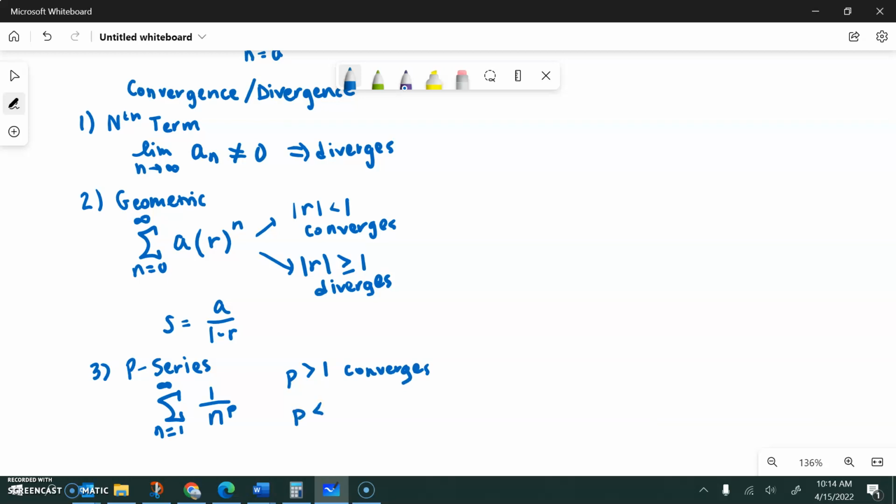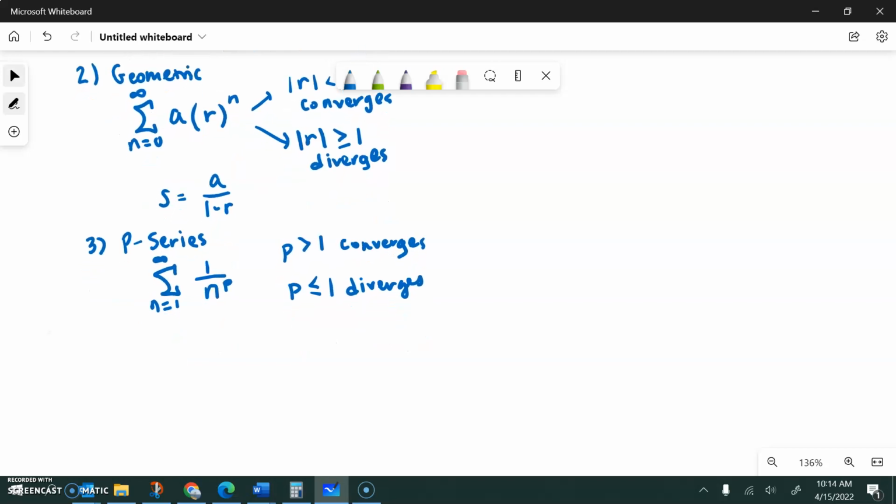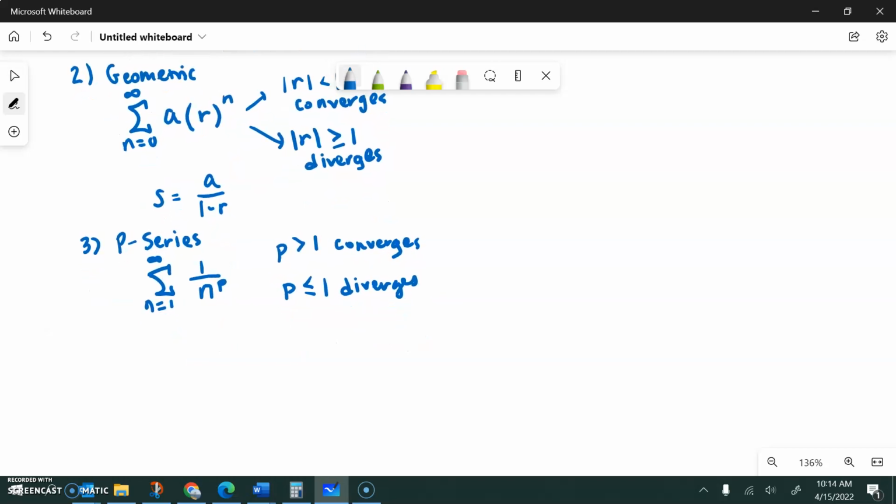And if p is less than or equal to 1, that series diverges. Those two series are really easy to identify, and it's easy to determine convergence or divergence. Unfortunately, most series are not straight up geometric or p-series. In the case that it's not, you might want to do a comparison to a p-series or a geometric series.